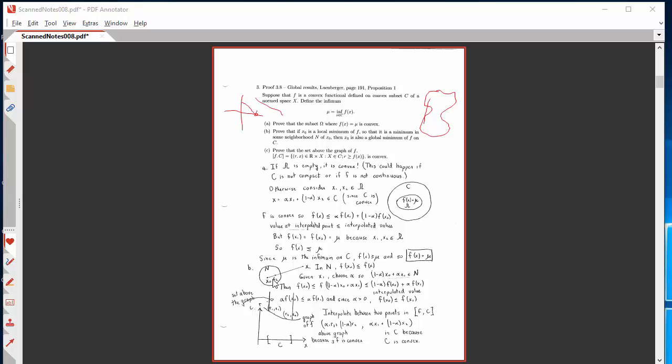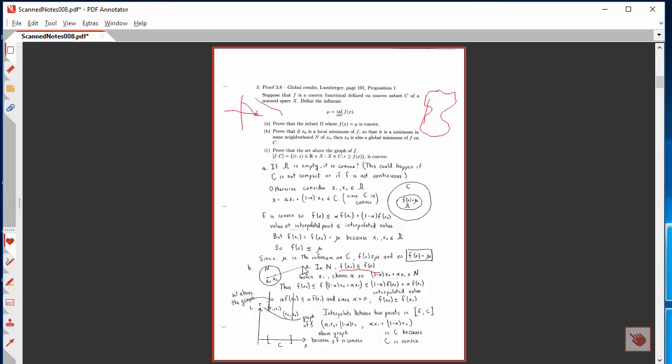What I'm going to prove is it's also a global minimum, that if I go out here to x1, f of x1 is also greater than or equal to f of x0. How do we do this? Well, we have to exploit convexity, of course. So within this neighborhood, we know that f of x0 is less than or equal to f of x.